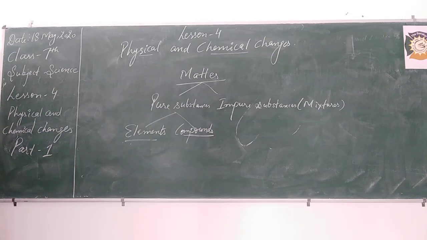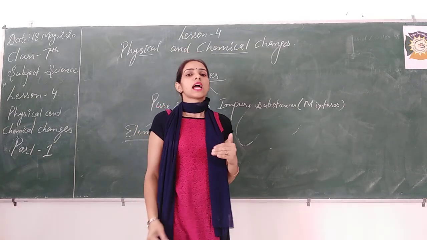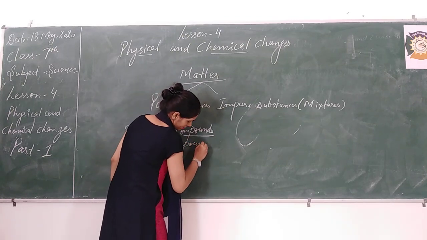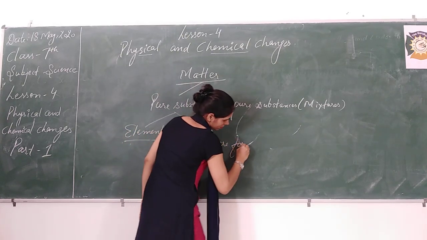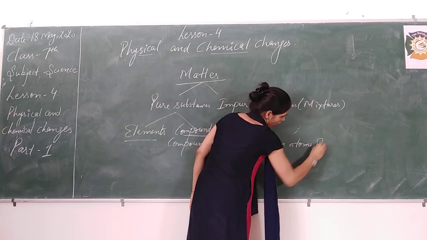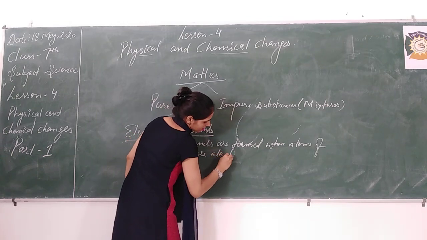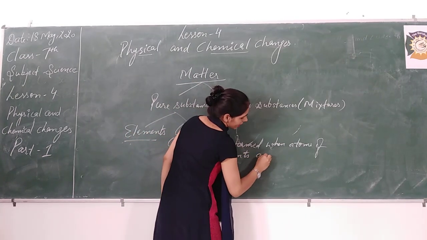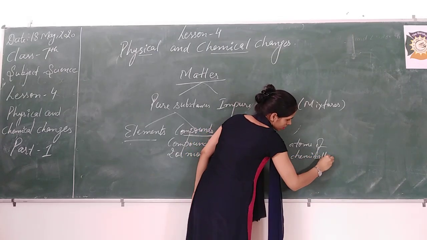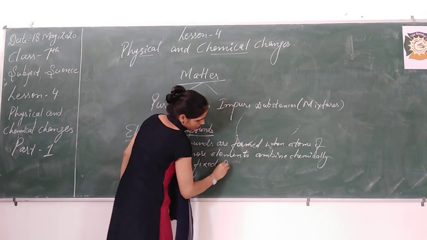So what is a compound? If we talk at the atomic state, then we will say compounds are formed when atoms of two or more elements combine chemically in a fixed proportion.